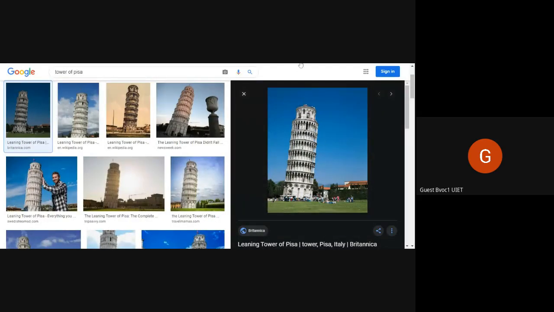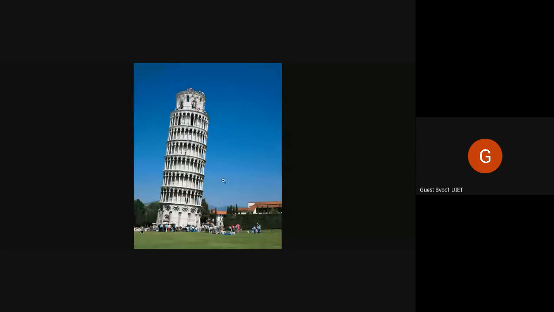See, this is the Tower of Pisa, right? And it is famous for being tilted, for being inclined, and not being an upright or a straight building. It feels as if it's falling over, and that's because this foundation was not designed in a way that the entire load of the building was distributed evenly.